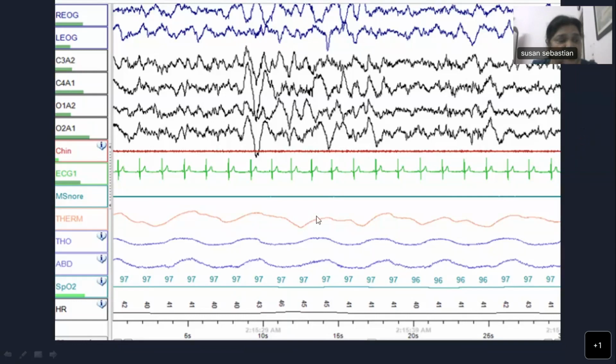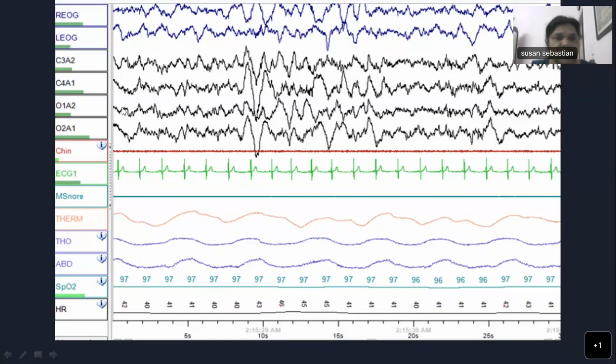So this figure demonstrates a standard multi-channel all-night polysomnogram. And in sleep polysomnogram, or PSG as we call it, the important things are identification of the sleep stages, analysis of the patterns of respiration, and analysis of movement patterns. These are the 3 points that you have to consider in a PSG.